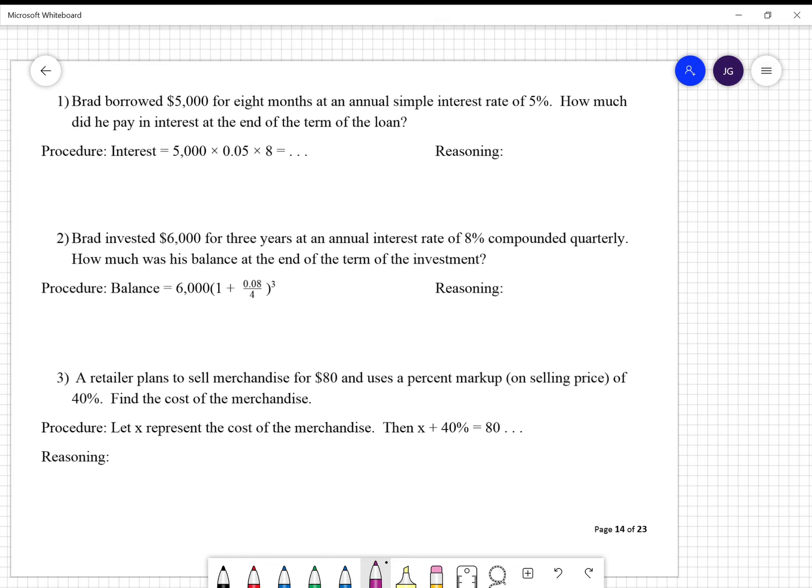How much did he pay in interest at the end of the term of the loan? So we're looking for interest and we're looking for simple interest. I equals PRT. So I equals principal's 5,000, rate is 5%, time is 8 years. There's the problem right there.